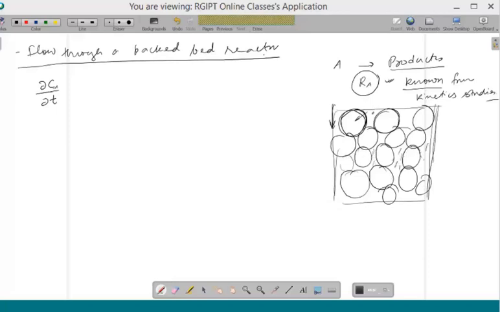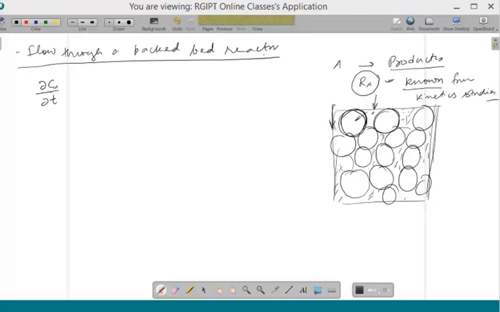Where the fluid is, what is the concentration? How does the A concentration change with time and so on? What is the model equation of change in A? So now you see the problem is of a different nature.